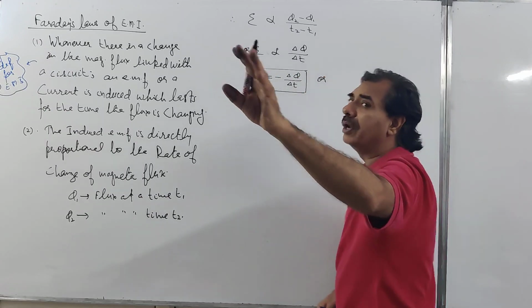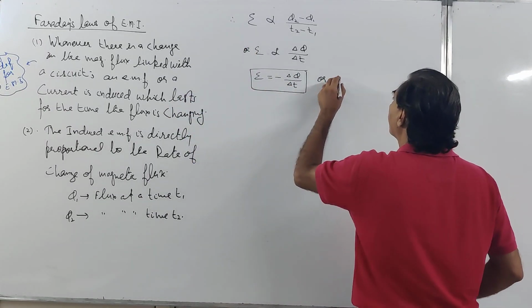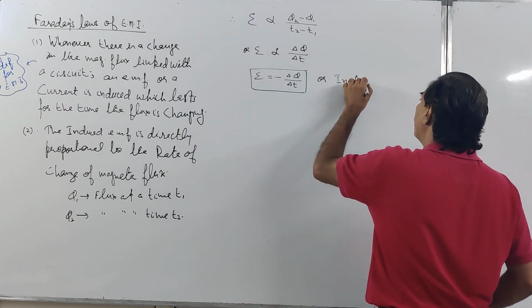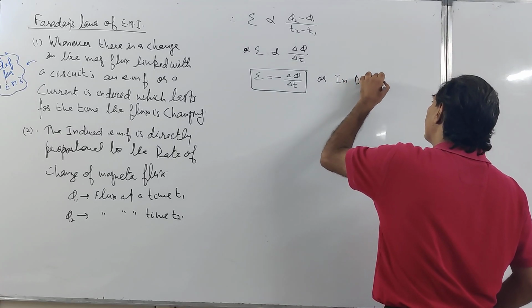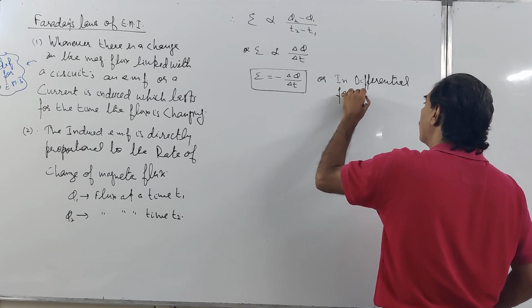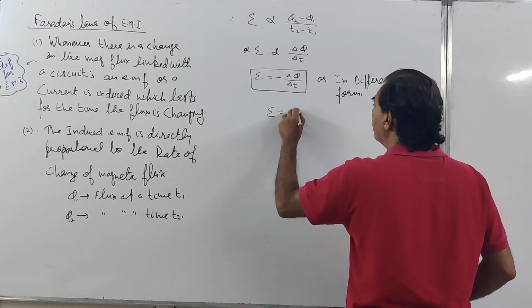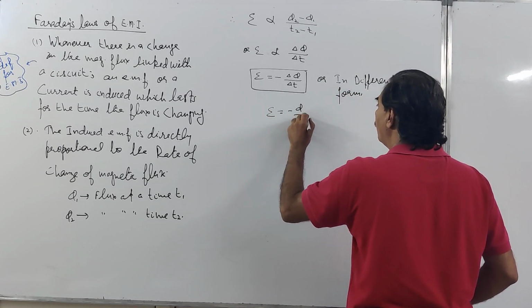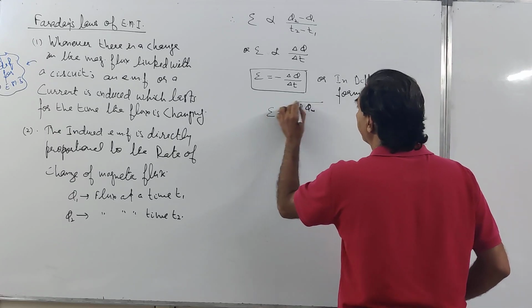और बताता हूं नेगेटिव साइन क्या है. और इन डिफरेंशियल फॉर्म, E would be minus d by dt of phi.